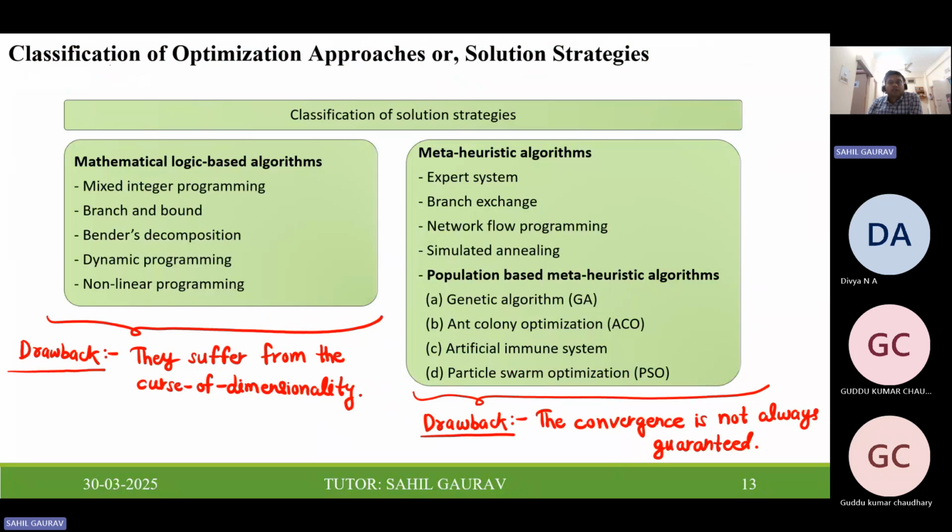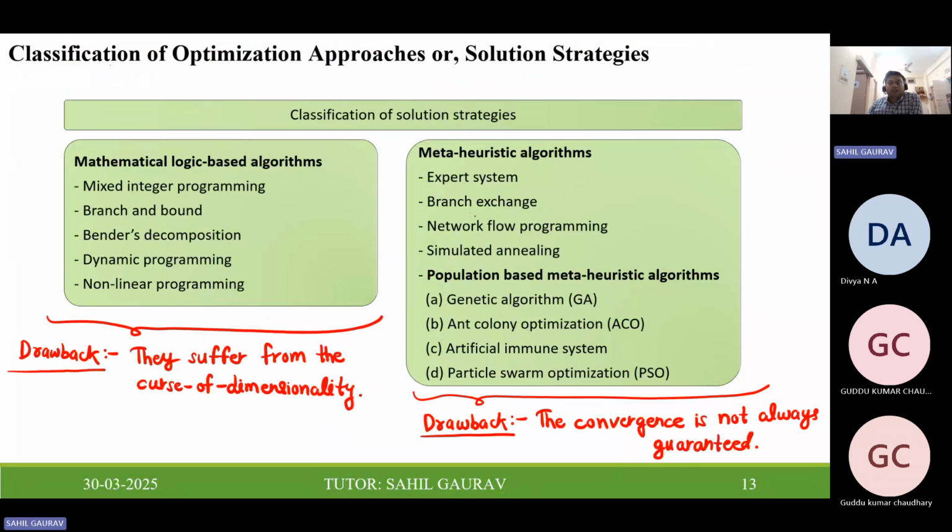If you classify the solution strategy for optimization, there are two types: mathematical logic based algorithms and metaheuristic algorithms. In mathematical logic based algorithms, we have mixed integer programming, branch and bound, Benders decomposition, dynamic programming, and nonlinear programming. The major drawback of these is that they suffer from the curse of dimensionality.